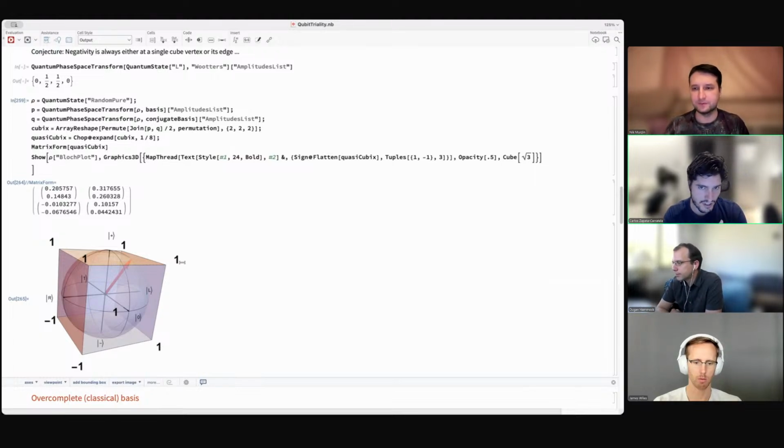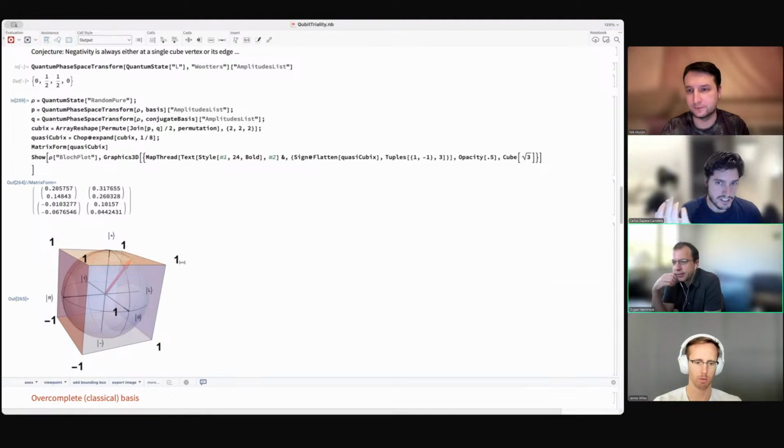I mean, trace equals one is not a linear relation. It's an affine relation, right? Because it's putting the components equal to one, not equal to zero. Trace equals one is a non-homogeneous equation, right?